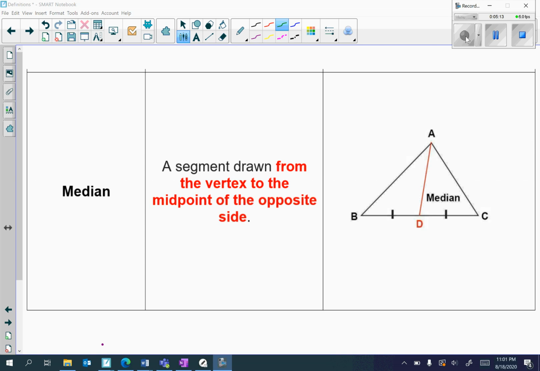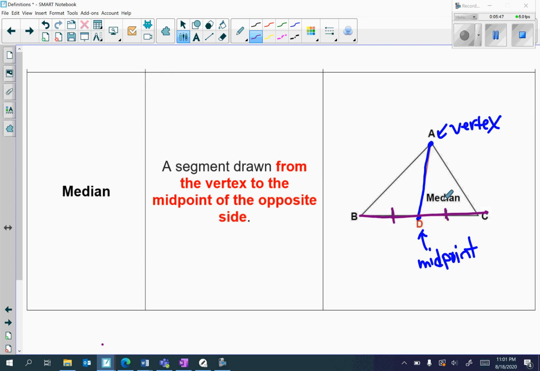Next, I have a median. A segment drawn from the vertex to the midpoint of the opposite side is a median. So take a look at the example here. We have vertex A, and a line is being drawn from vertex A to D, and D is considered a midpoint because it breaks the line segment BC into two congruent parts, BD and DC.